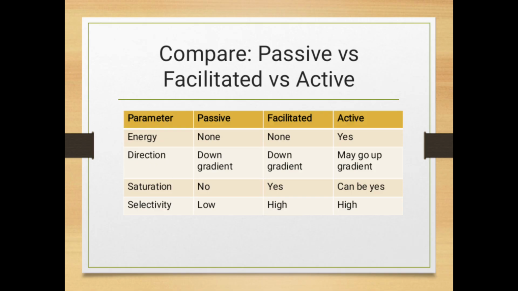Moving to the last one, active: it needs energy and can move substances uphill, that is, against the gradient, and it is selective as well as regulated. I hope you are clear with active, passive as well as facilitated diffusion.